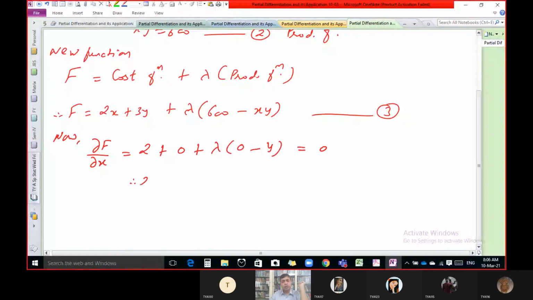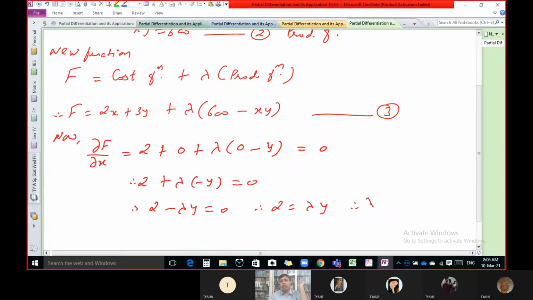So here we get 2 plus lambda into minus y equal to 0. That means 2 minus lambda y equal to 0. Taking lambda y to the other side, 2 equal to lambda y, and the value of lambda is nothing but 2 upon y. This is equation 4.